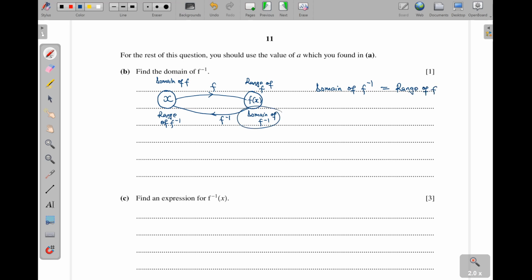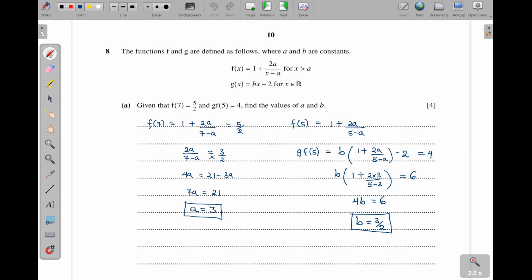Okay, domain of the inverse is equal to the range of the f. And domain is written in terms of x. Range is written in terms of the function, right? So when we check back here, the range of f, okay, right from here, you are adding something here. So if x is greater than a, you are going to have a positive fraction here.